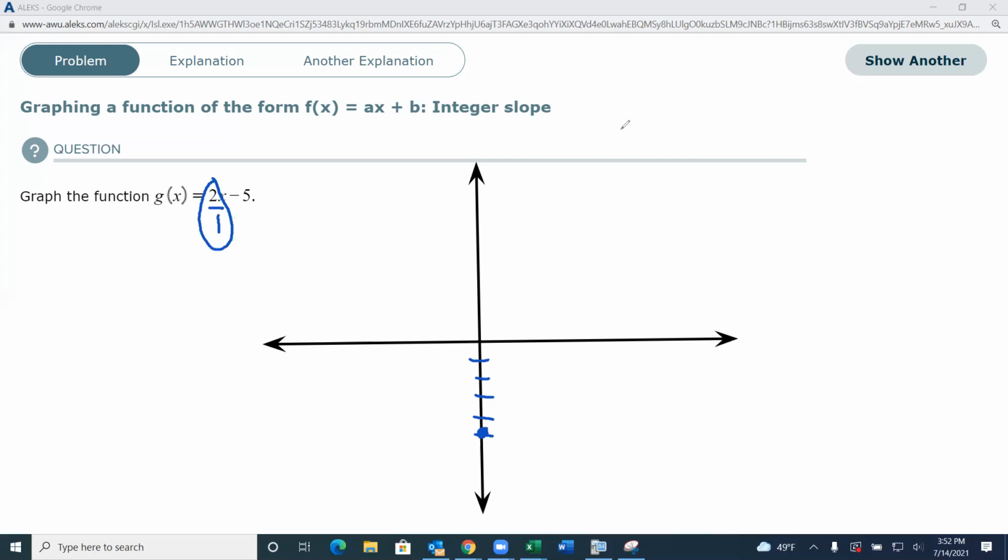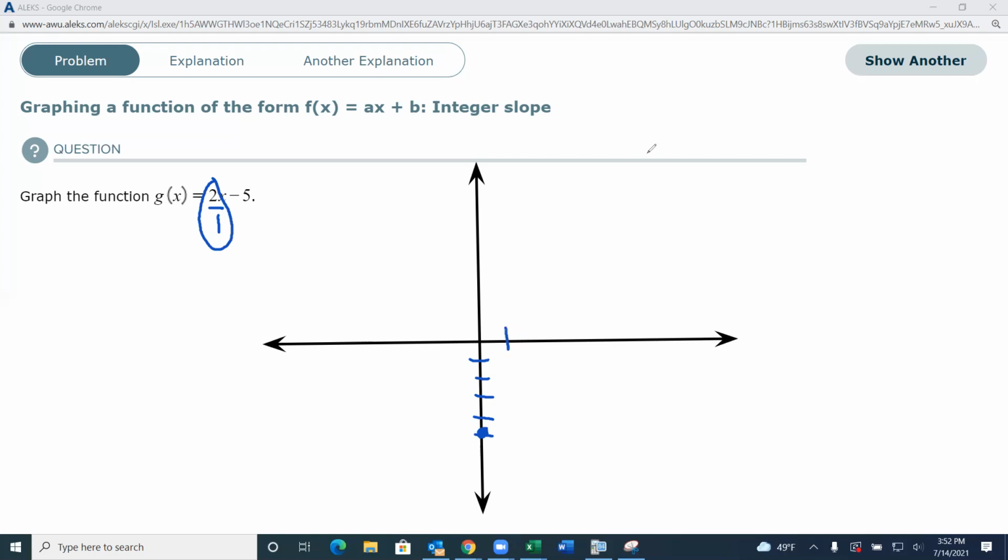So the top tells you how far we're going to rise. So from this point right here, we're going to rise 2. So 1, 2. Okay. And that's not where we're stopping, because we still need to run 1 unit horizontally. Okay. So we're going to run 1.